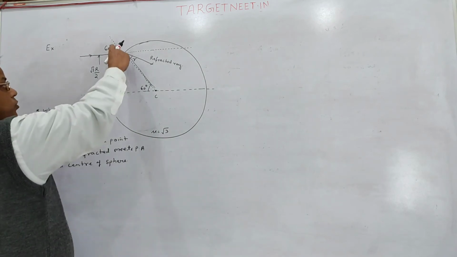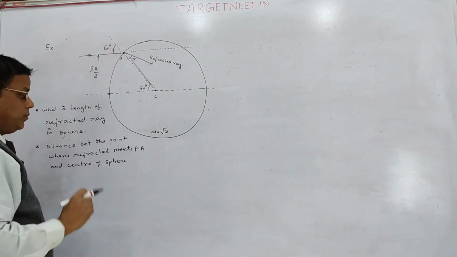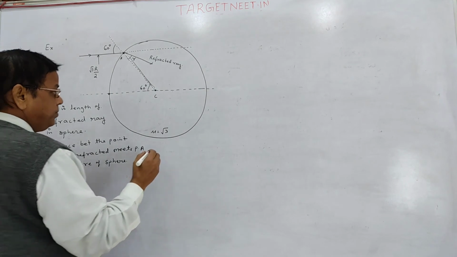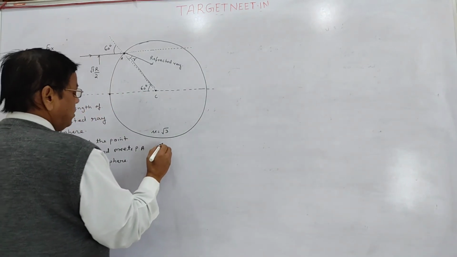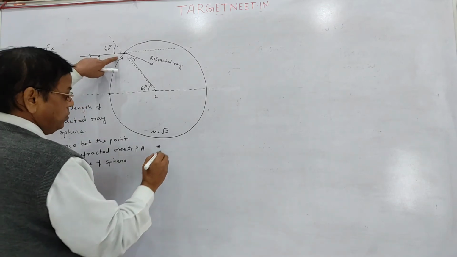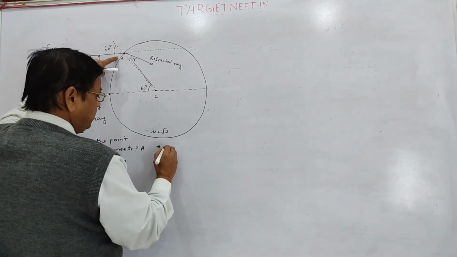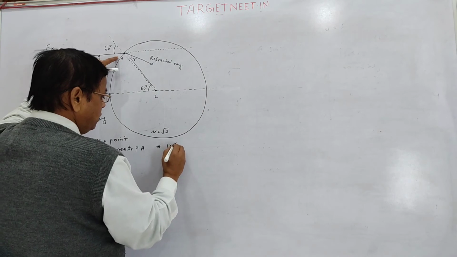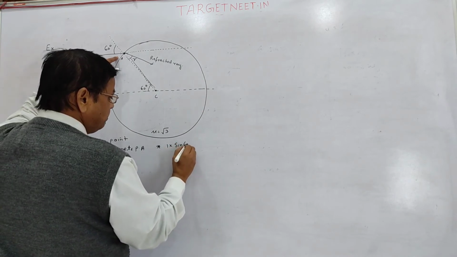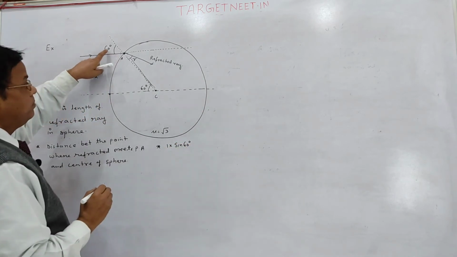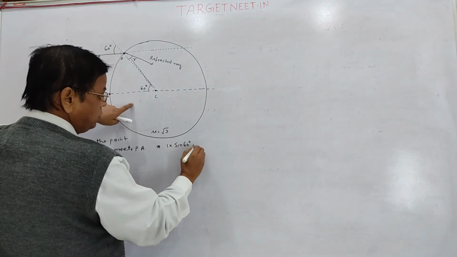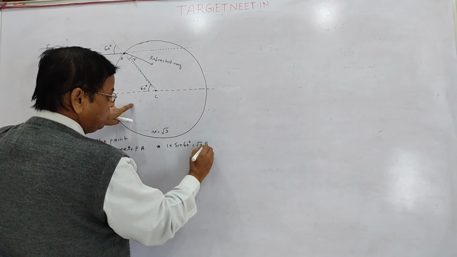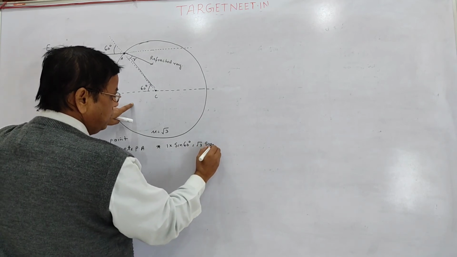Now if I apply Snell's law here, I can find r. So applying Snell's law at this point, the refractive index of air, that is 1, into sine 60 degree, is equal to the refractive index of this medium, that is root 3, into sine r.